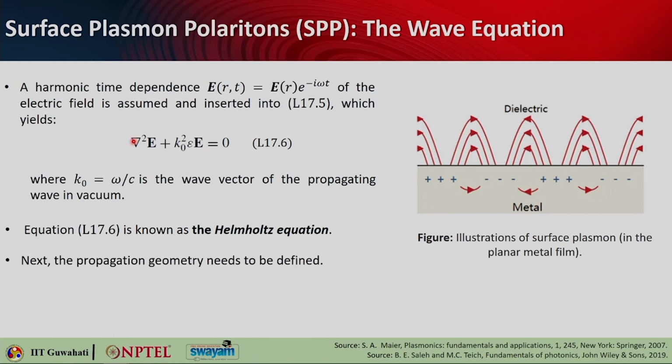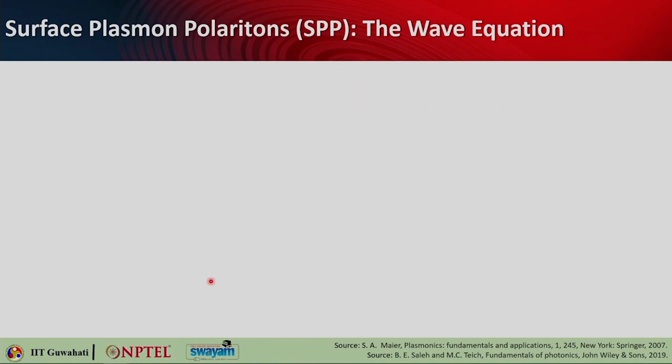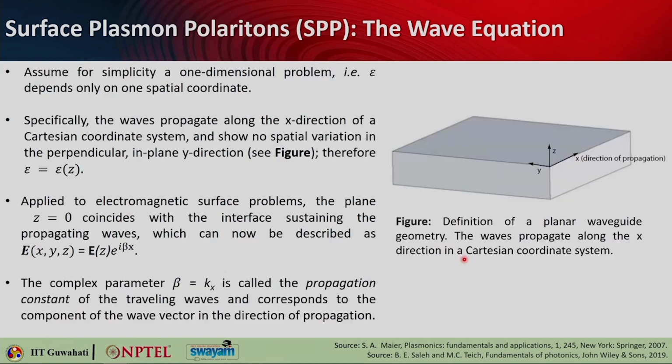Now we have to see the geometry. The propagation geometry needs to be defined next. Let us assume, for simplicity, a one dimensional problem, where along z something is changing, but along x and y there is no variation in the permittivity.